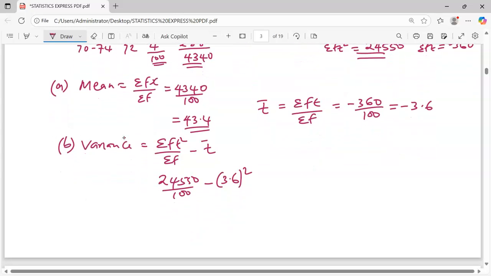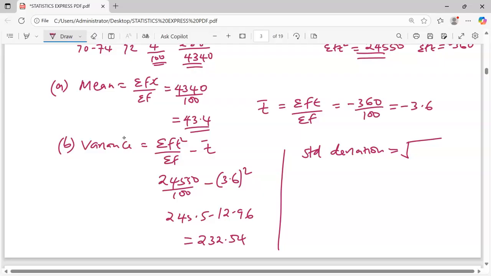That will give us 245.5 minus negative 3.6 squared, which is 12.96, which is going to give us a figure equivalent to 232.54.